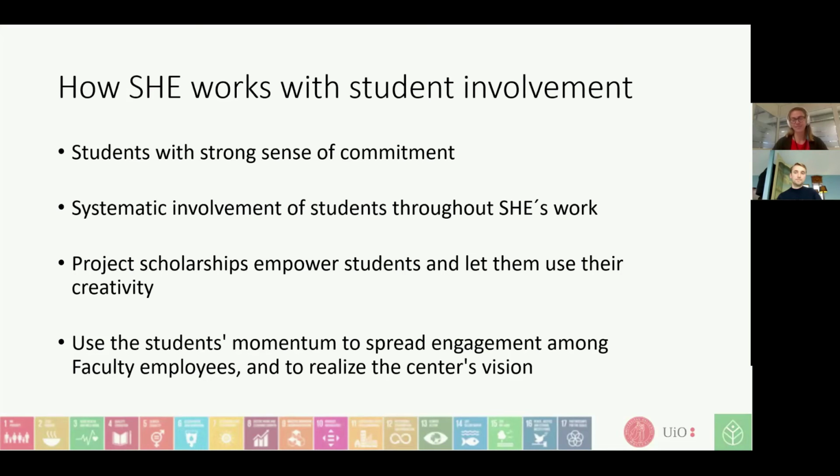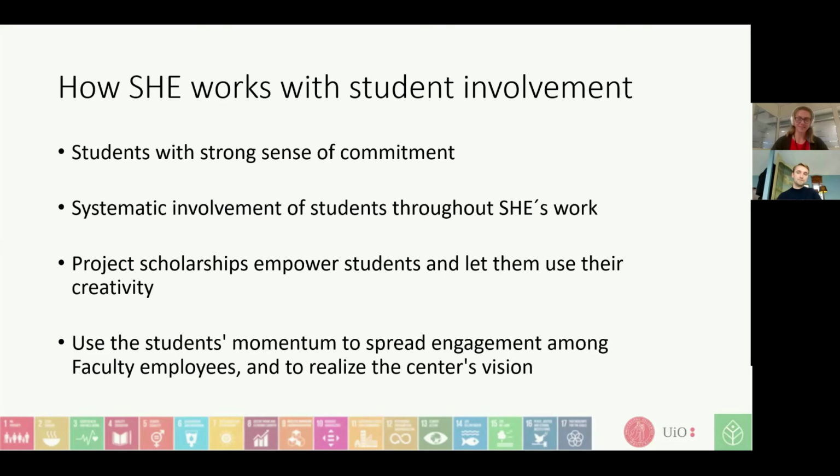Today, students are represented on the board of SHE. They are contributing to the communication work, and the work package on student involvement is student-led. And in many other aspects, the students are a key actor.